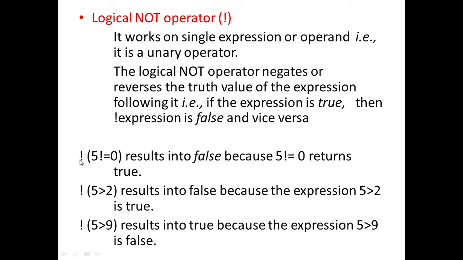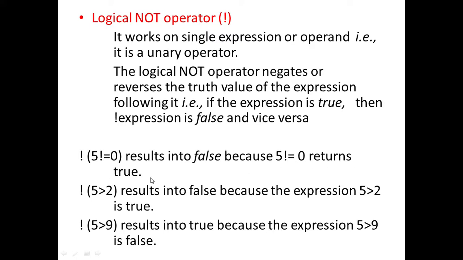So logical NOT will do what? It will change the truth value. We had truth value true, but it will change it to false. So this will result into false.